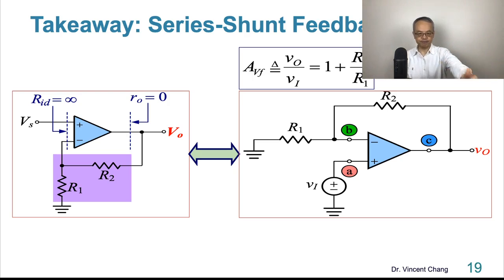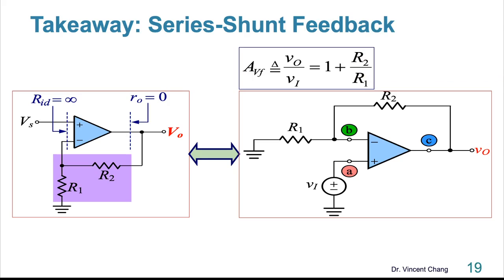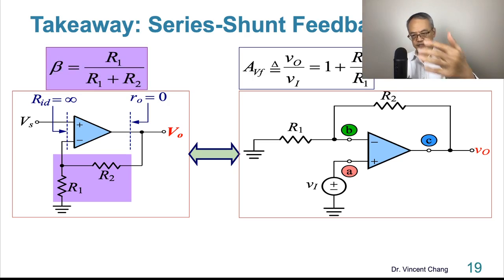Here's the takeaway. Number 1, closed loop gain: 1 plus R2 over R1. Then I talked about series-shunt feedback, series mixing, and shunt sampling.